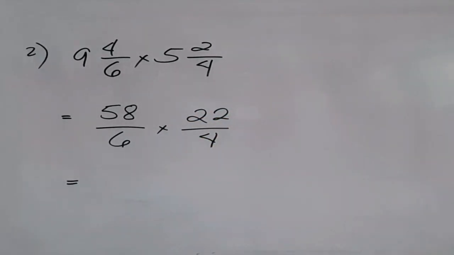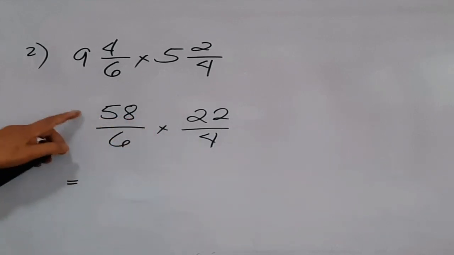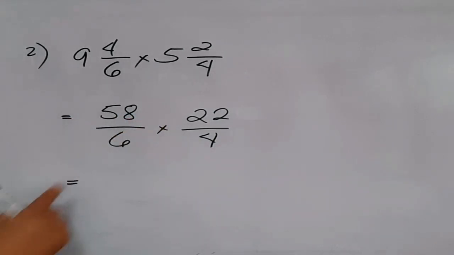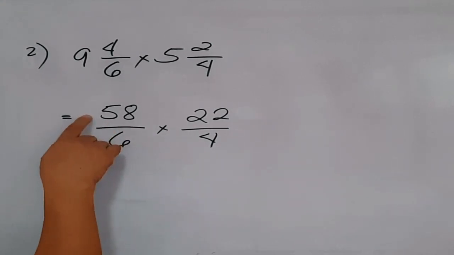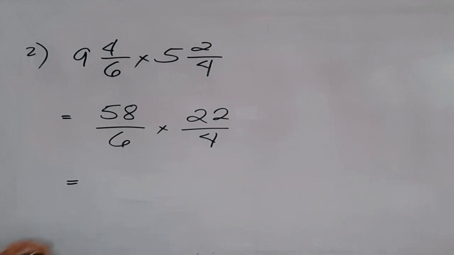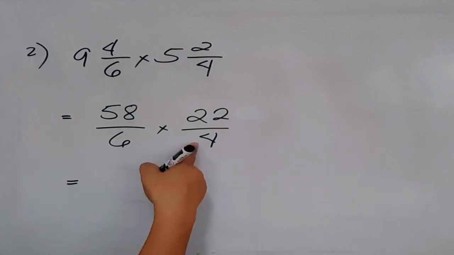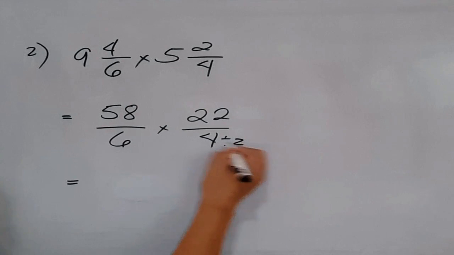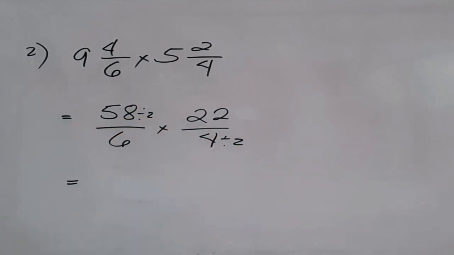Okay, this is how to do it. Okay, since these are already big numbers, 58 and 22, 6 and 4, we can already simplify in this stage. Okay, 4 and 58 are divisible by 2. So let's try. So let's divide this by 2.